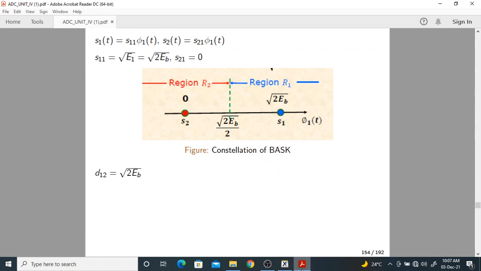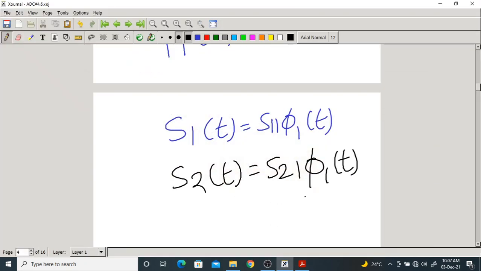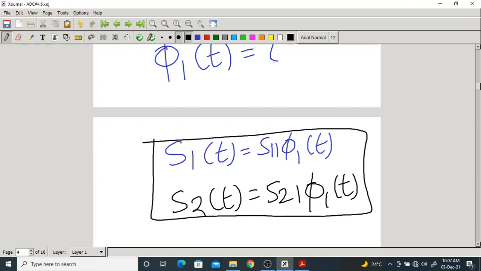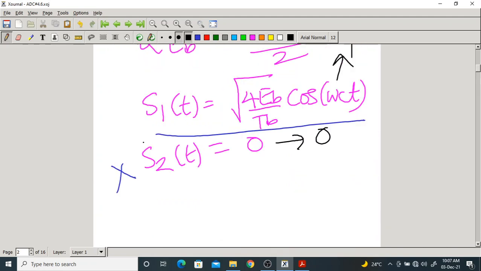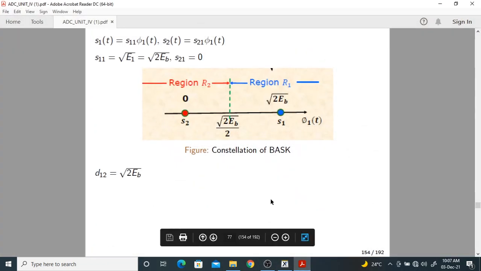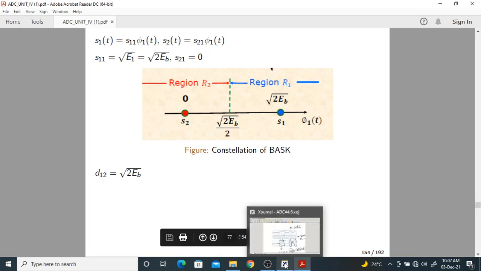Now we compare this with these two. What do you get? Before that you have to find out phi 1 of t.